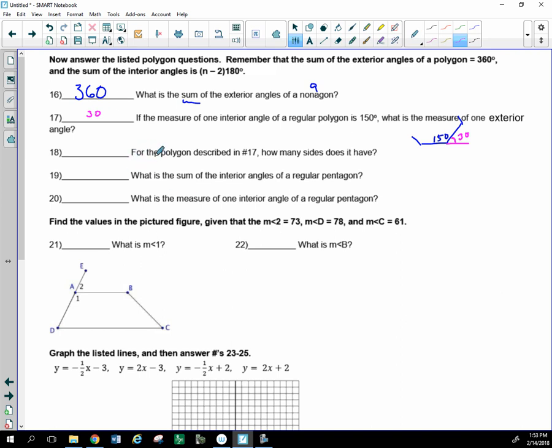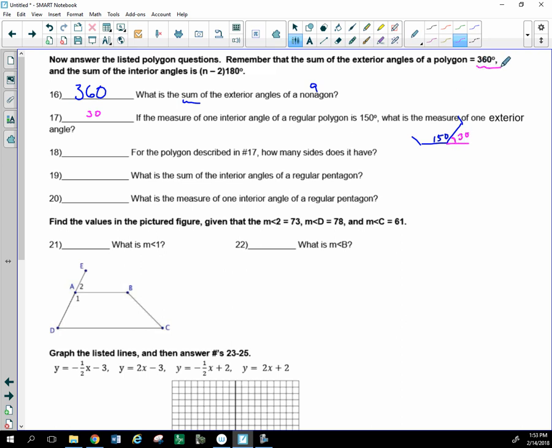Now in number 17, how many sides does this polygon have? There are two ways to go about this. Since I know that all the interior angles are 150 and I don't know the sum of all the interior angles, I'm going to go to the exterior angles to help me, and that would be 30 degrees.